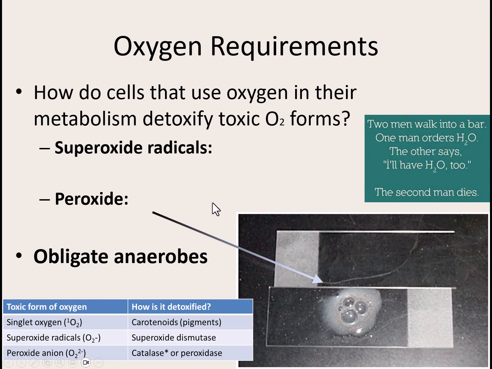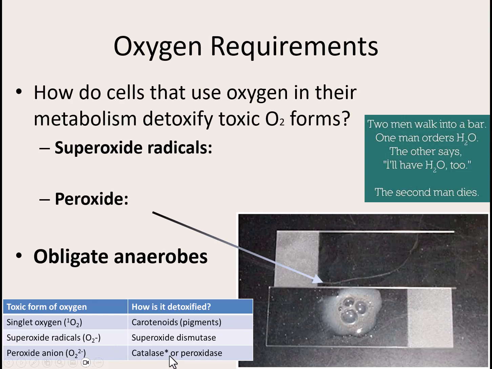Now, if there are superoxide radicals that have these extra electrons around, how do cells fix that? Well, some cells make an enzyme called superoxide dismutase. It's an enzyme, it ends in ase, and it can take this toxic form of oxygen and neutralize it. Same thing with peroxide, which has 2 extra electrons.